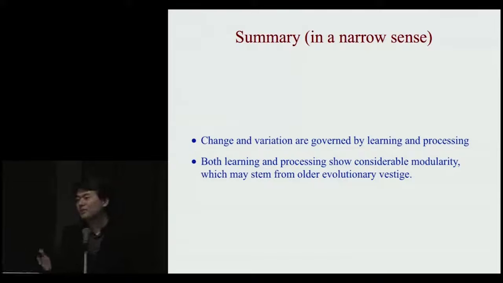Because the facts are there, we need some devices to describe the differences across the languages, as well as their common features. So this is by no means necessarily a defense of parameters, but as I said, in the case of biology, we can study the dynamics of change without being very committed to what the parameter is, just as people back in the 30s had no idea what genes are.